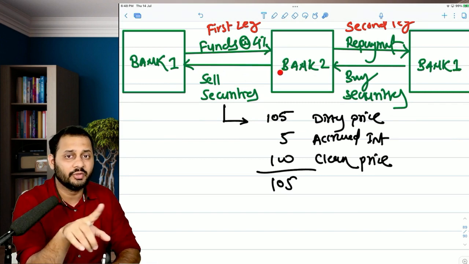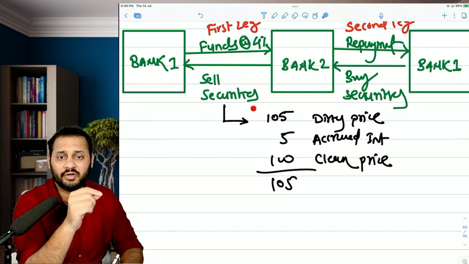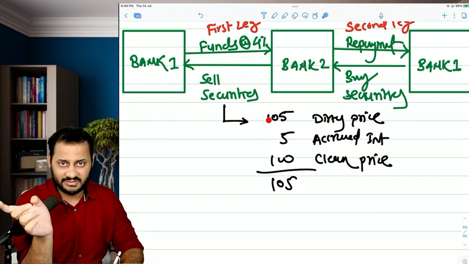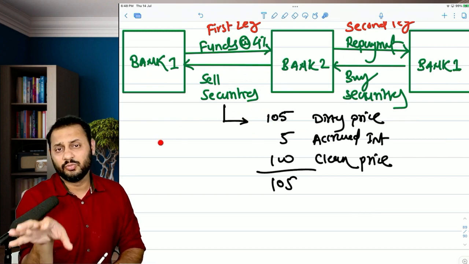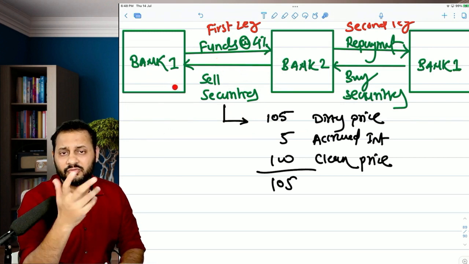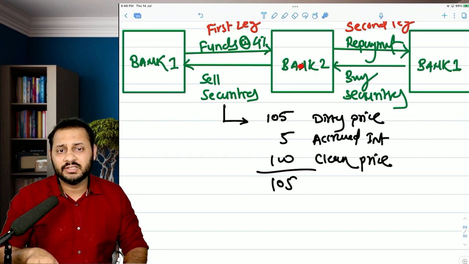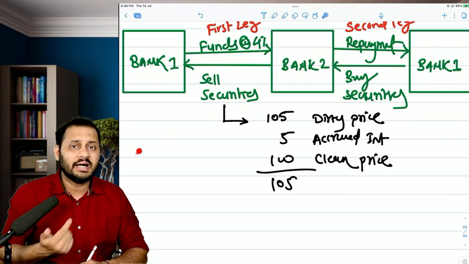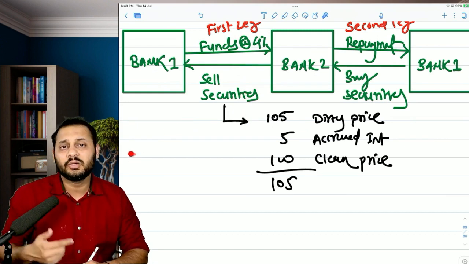The bank will not do that, because the securities worth 105 today may fall in price. You have taken a loan from bank 1 for 14 days. After 14 days, if bank 2 is unable to make the payment, bank 1 will sell the securities in the market, and there are chances that it will sell at a lower price.